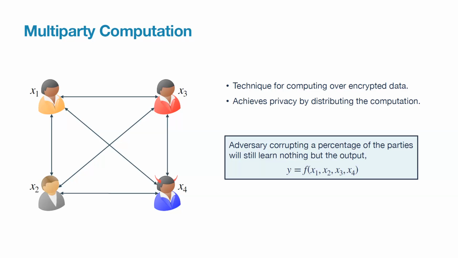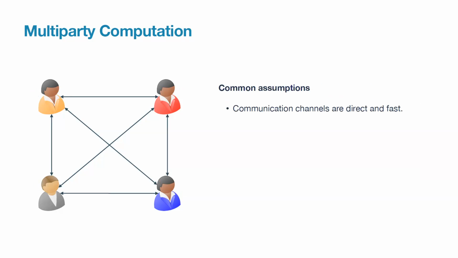Now, when designing MPC protocols, there are a few very common assumptions present in most protocols. On the one hand, these assumptions help build efficient protocols, but they also make them a bit unrealistic for many scenarios. The first assumption is that there is a dedicated fast communication channel between each pair of parties.